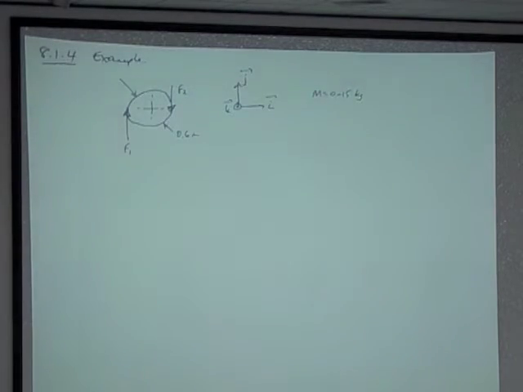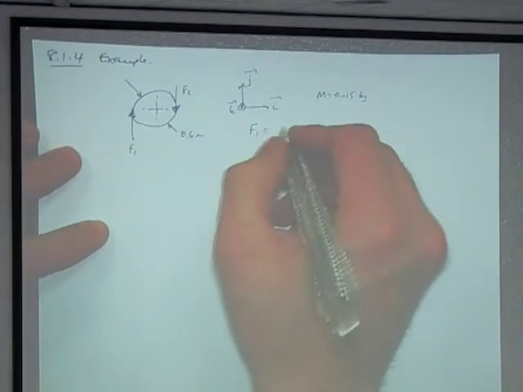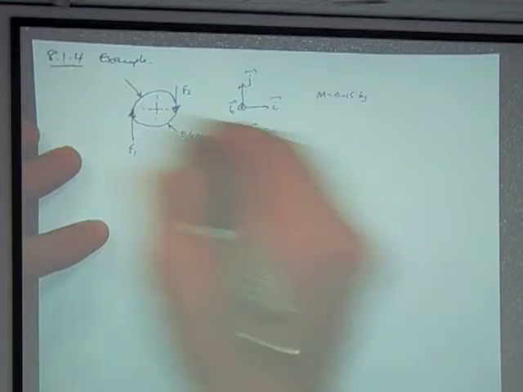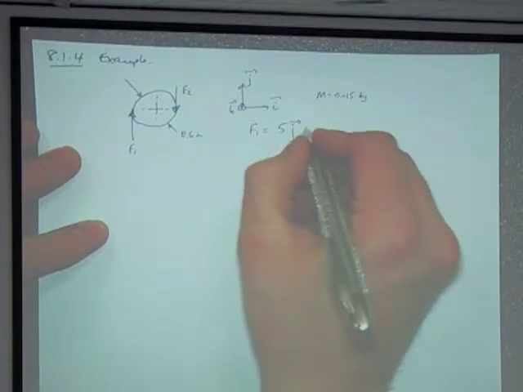It says, determine the instantaneous linear acceleration of the puck and the angular acceleration of the puck, stating any assumptions. Now, there's a couple of bits of information that I forgot to give you in the question, and that is the values for F1 and F2. F1 is in the positive J direction, 5J newtons.